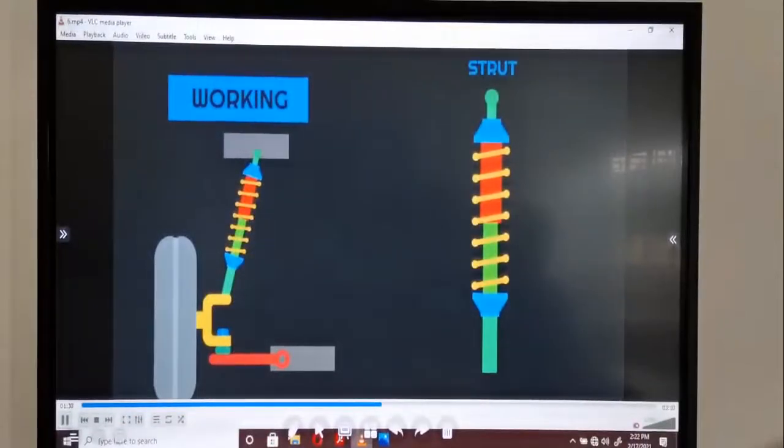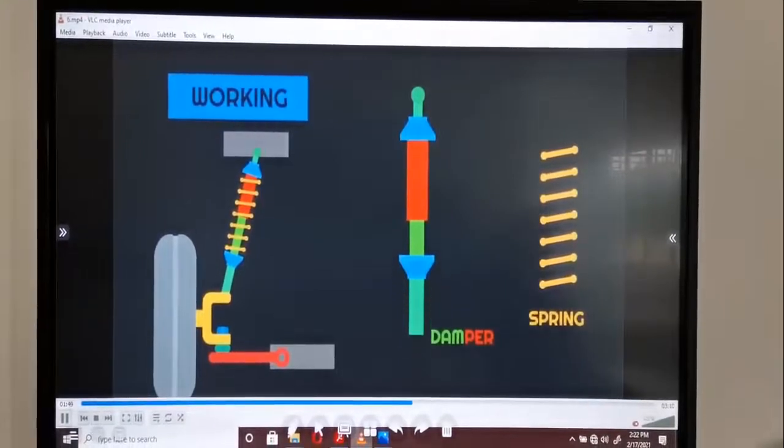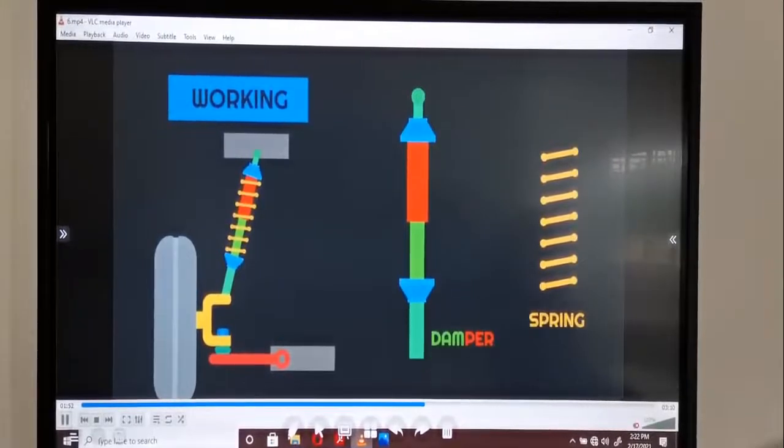This is the strut. There is a combination of spring and shock absorber. The correct word is damper. The damper works like this and is assisted with the spring.